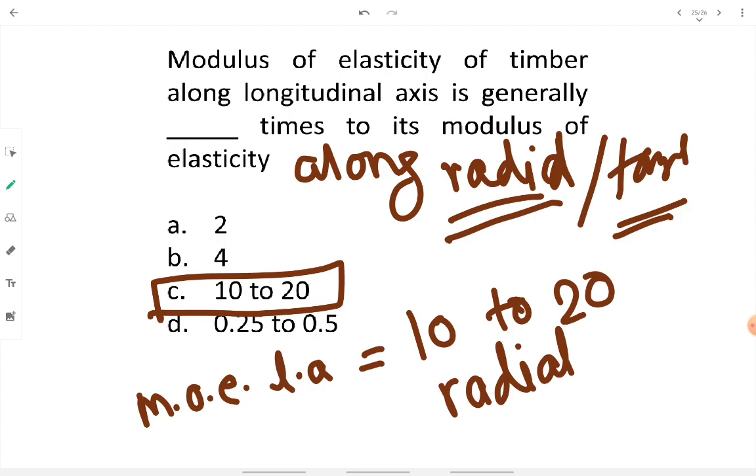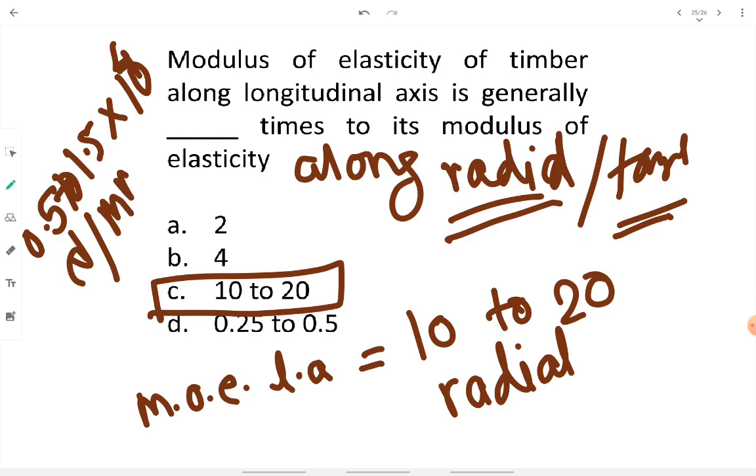And timber's average modulus of elasticity is around 0.5 to 1.5 into 10 to the power 4 Newton per mm square.